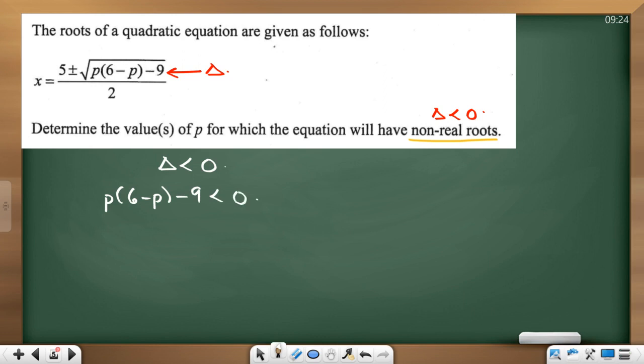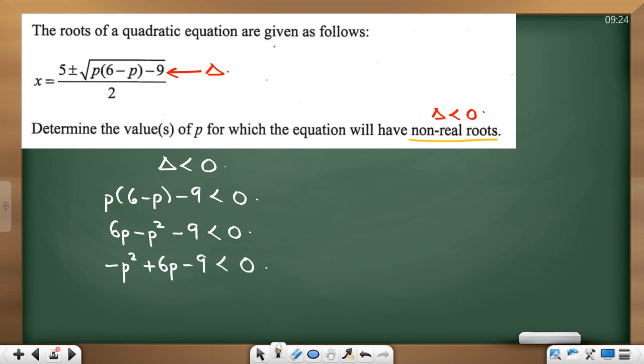And I'm glad we did inequalities. This is where it's going to come in handy. We expand. 6p minus p squared, minus 9 less than 0. Minus p squared, I'm just rearranging.